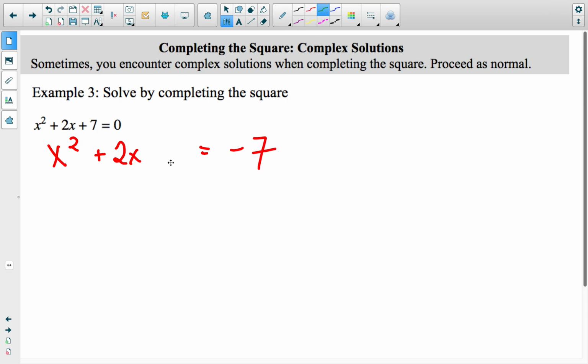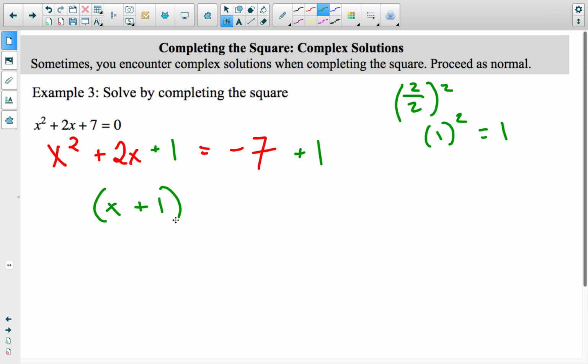And then to figure out what we're going to add to both sides to complete our square, we want to take the middle coefficient 2, half of it, and then square it. So 1 squared is 1. We're going to add 1 to both sides. Meaning that this will factor into x plus 1, quantity squared equals negative 6.